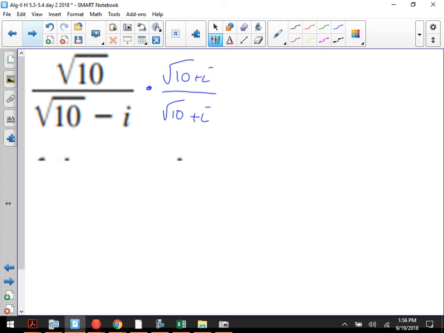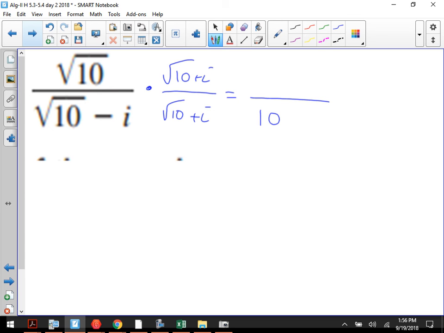Okay? What's the square root of 10 times the square root of 10? 10. The middle terms drop out. By multiplying by the conjugate, you're doing a difference of squares. Your middle term won't be there.